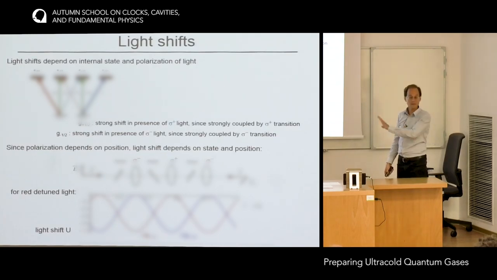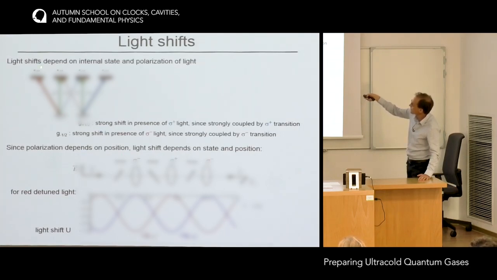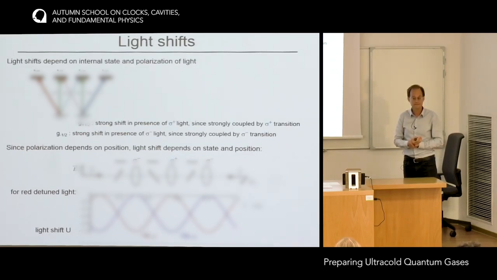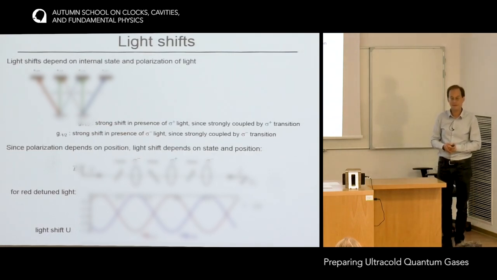I'll explain this in the context of dipole traps a little bit better, in case you don't know, just believe me at this moment. And where we have sigma minus light, the g minus 1/2 state is influenced the most and pushed downwards. So you see now you have this lattice pattern of energy of your two ground states of these atoms. Now what does this do to the motion of the atoms?